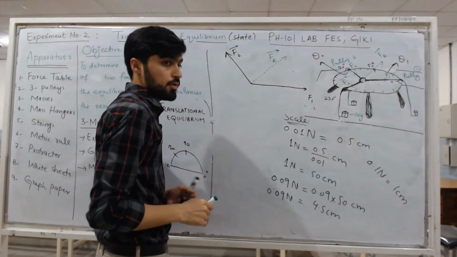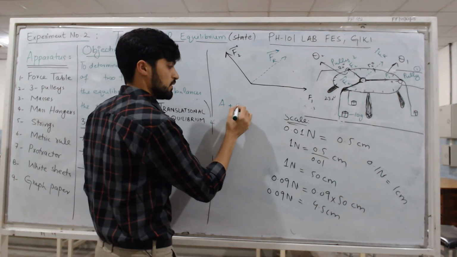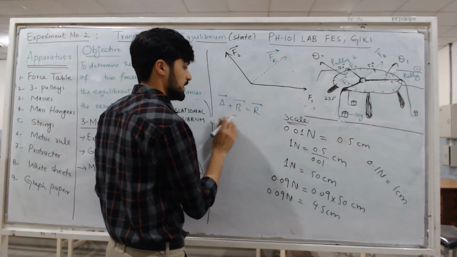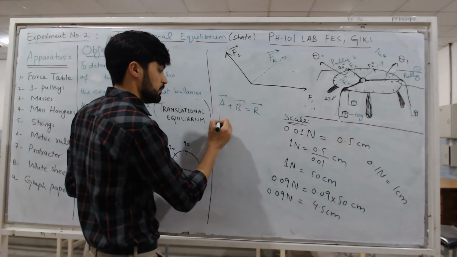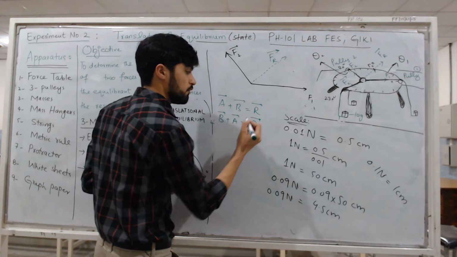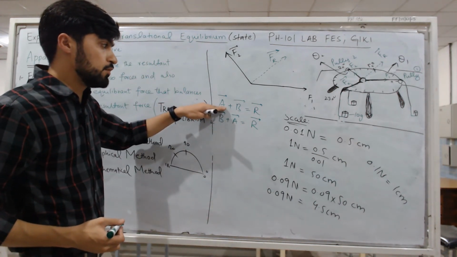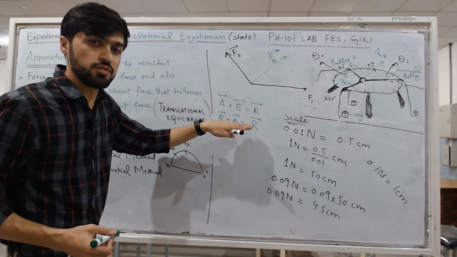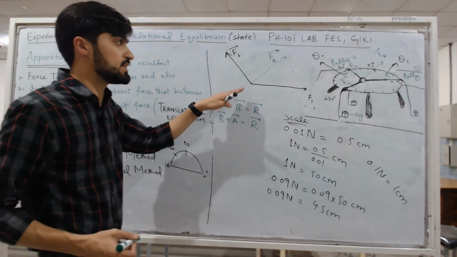The parallelogram law says that if there are two vectors, A plus B, giving us the resultant R, then if I first take the second vector and then the first, like B plus A, this is actually the commutative law of vector addition. It means that if you are using A plus B and it gives you a resultant, and then you are using B plus A, they will both give you the same resultant vector.